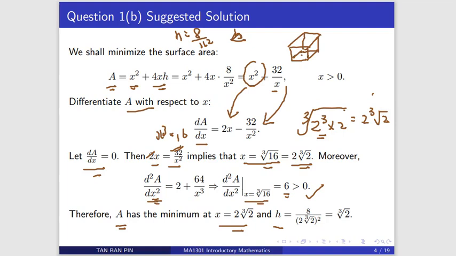You can work it out, and it should give you the cube root of 2. So this time you should make it with the height just cube root of 2, but the base is 2 cube root of 2. So the base is longer, the height is shorter. So that's the difference between part A and part B.